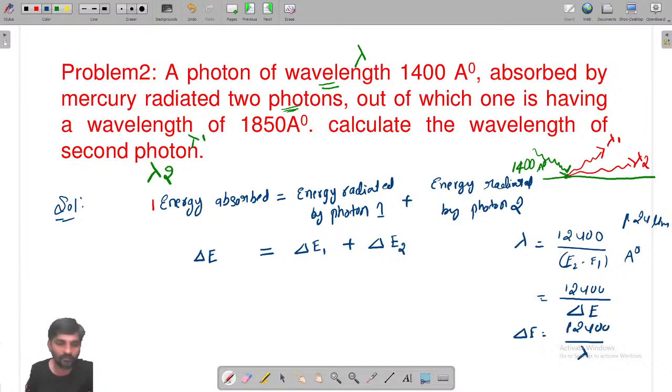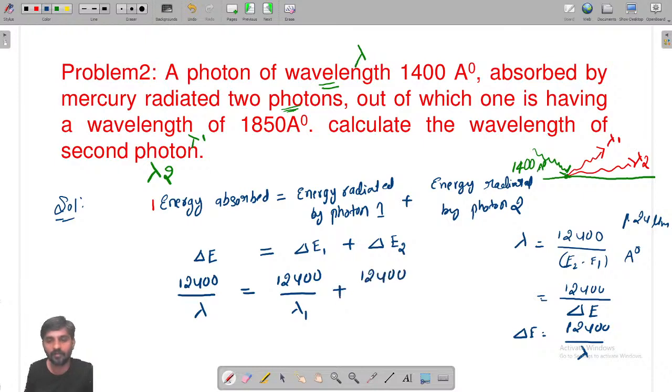Here the same thing you have to substitute, sir. 12,400 by lambda is equal to 12,400 by lambda 1 plus 12,400 by lambda 2. So please understand.